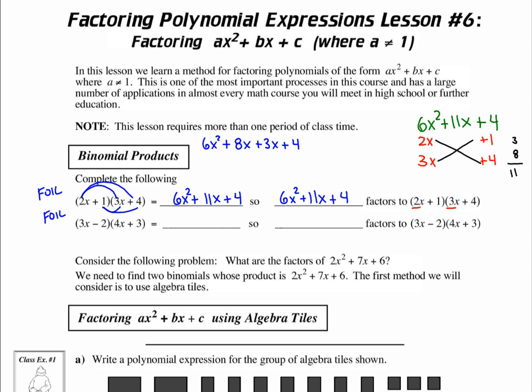Right? The 8 and 3 came from when you're expanding it, before you collected the like terms. And so the product of the diagonal should add to the middle term still. 2 times 4 plus 3 times 1 gives you 11. And that's how we're going to factor.